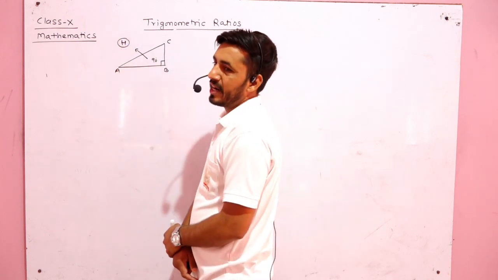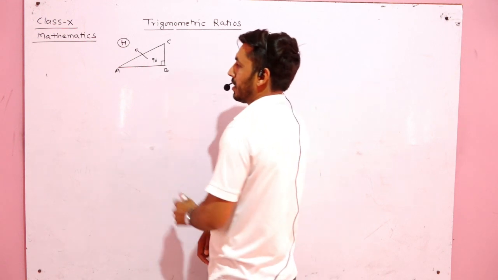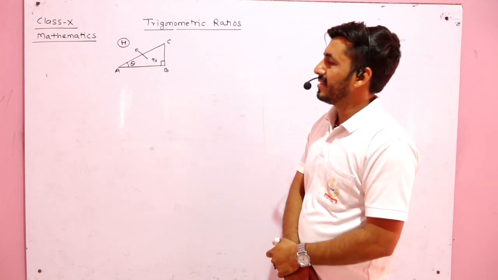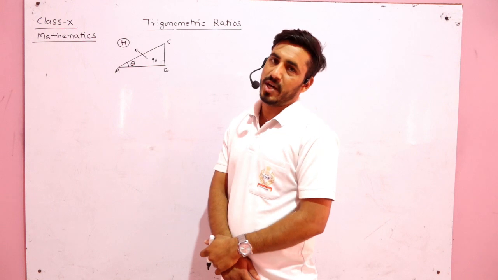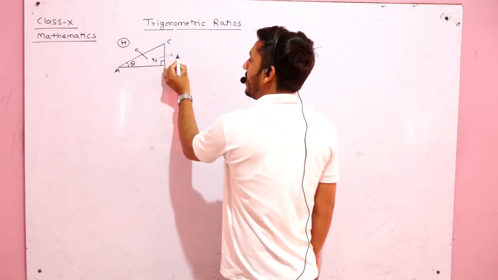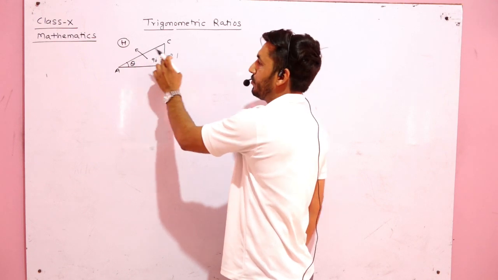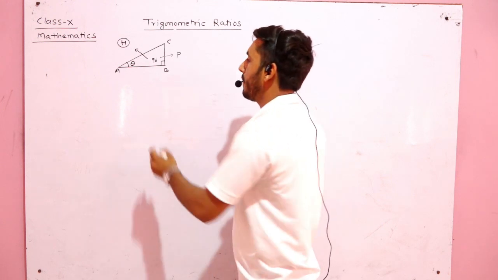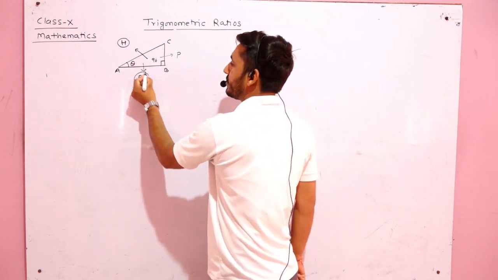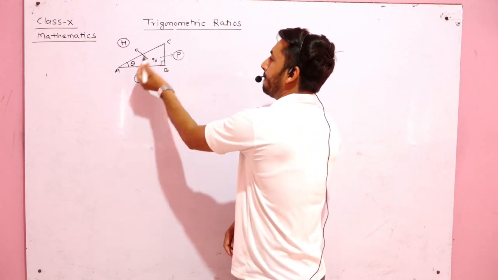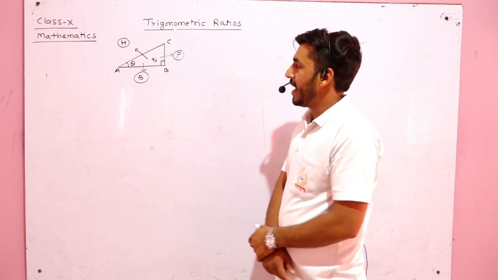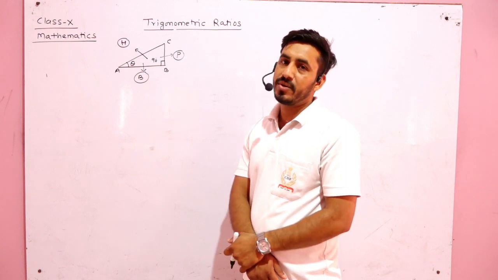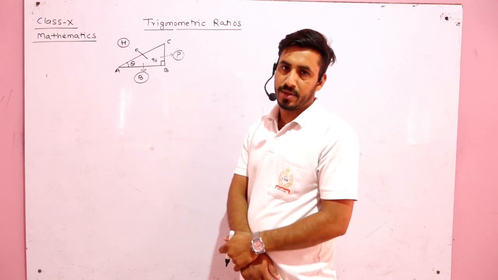If I am assuming that the angle theta is constructed at the point A, then the side in front of the angle theta is called perpendicular, and the remaining third side is called base. By assuming theta and 90-degree, all 3 sides we have measured in terms of hypotenuse, perpendicular, and base.